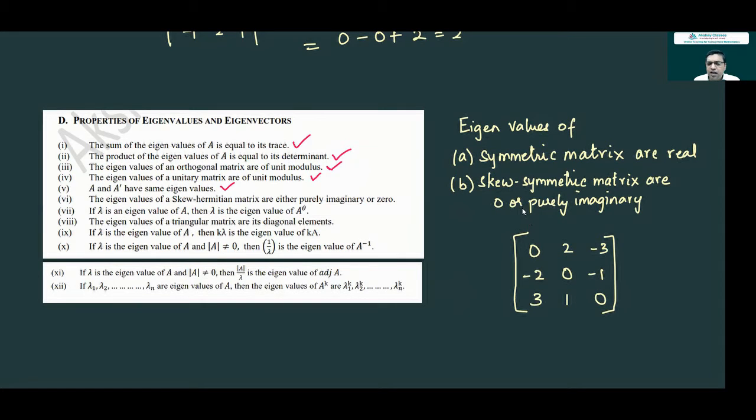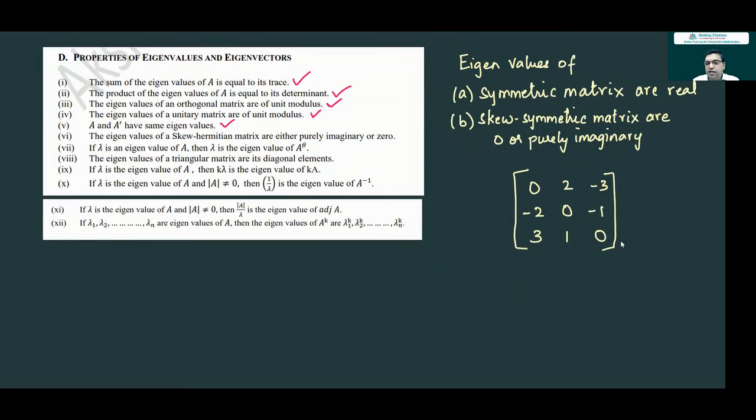Next, what is the determinant of a skew symmetric matrix? Of course, this we will have to calculate. You cannot say it is 0. So based on that determinant, the product of the eigenvalues will be equal to the determinant. So here it is marked as Q Hermitian, but it is also applicable for skew symmetric. All right.